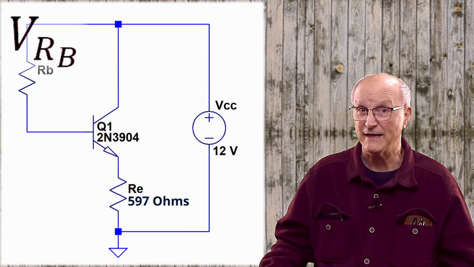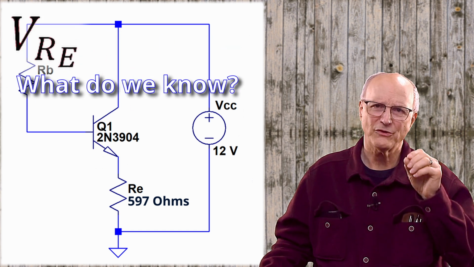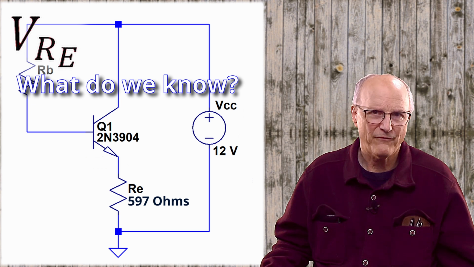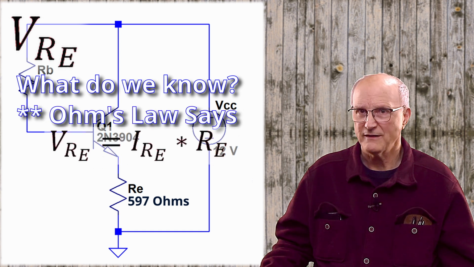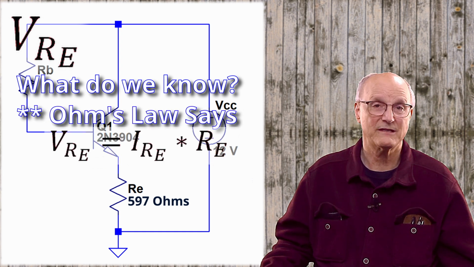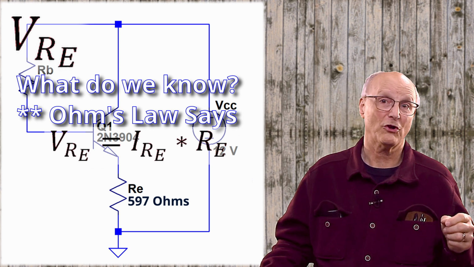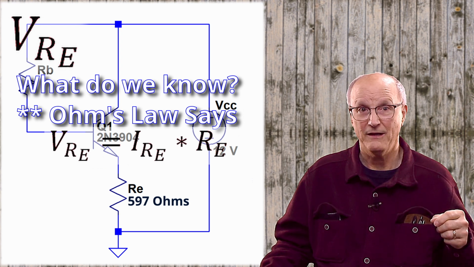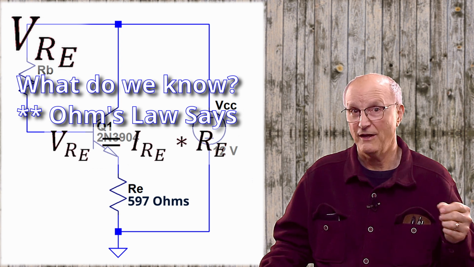Now, we ask, what do we know about VRE, the voltage across the emitter resistor? Well, in a similar fashion as with VRB, we know that Ohm's law tells us that the voltage across the emitter resistor, VRE, is equal to the current through the emitter resistor, IRE, times the value of the emitter resistor, RE.